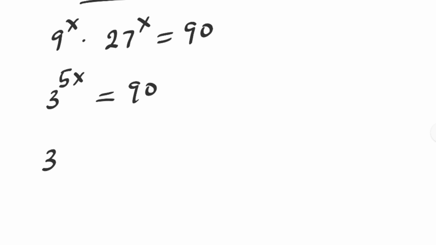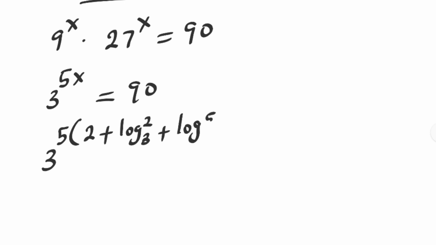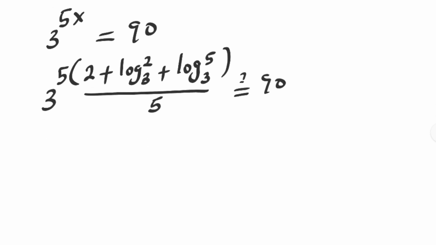Here we have 3 raised to power 5, bracket x is 2 plus log 2 base 3 plus log 5 base 3, all divided by 5, must be equal to 90.